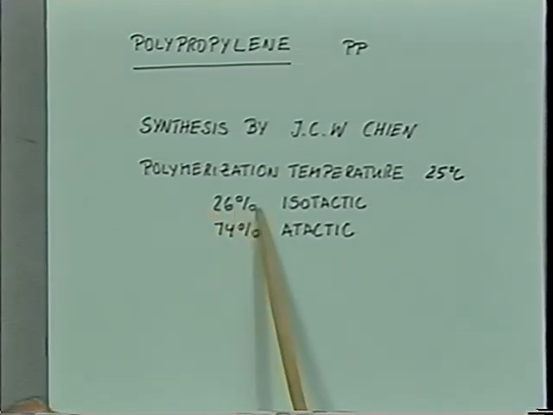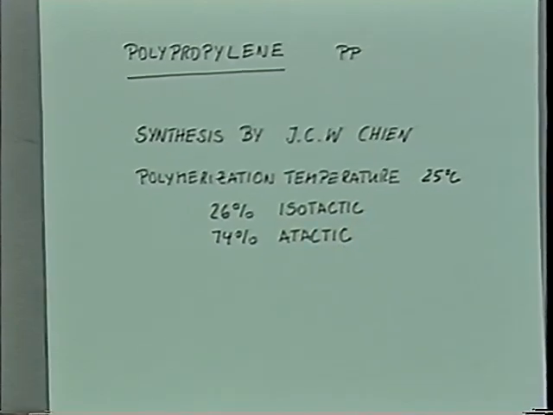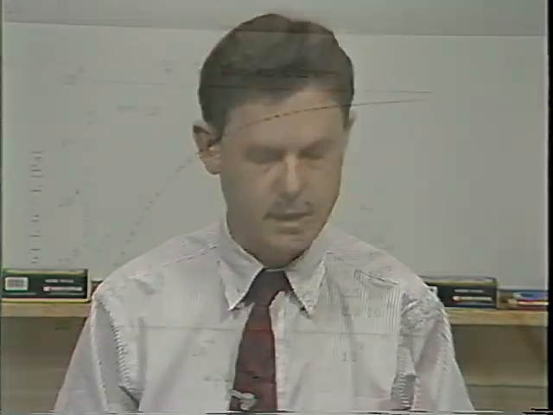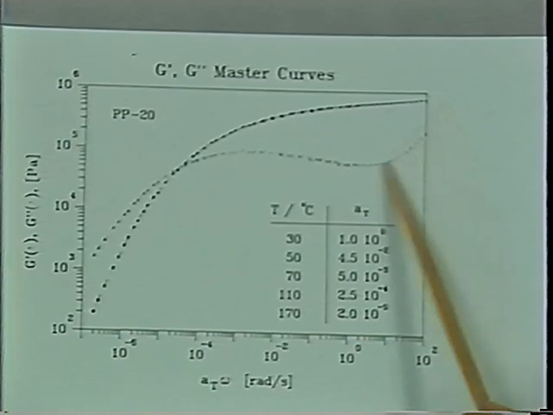About 26% of the sequences were isotactic, and 74% of those sequences were atactic of this material, of this melt. In the molten state, the behavior is typical for a broadly distributed polymer melt. It's just a terminal zone and then entanglement region and glassy region. So nothing specific to be expected in the liquid state.